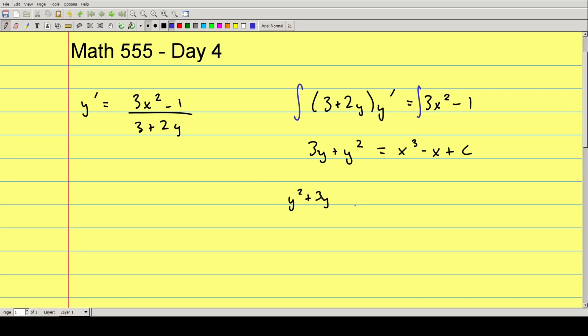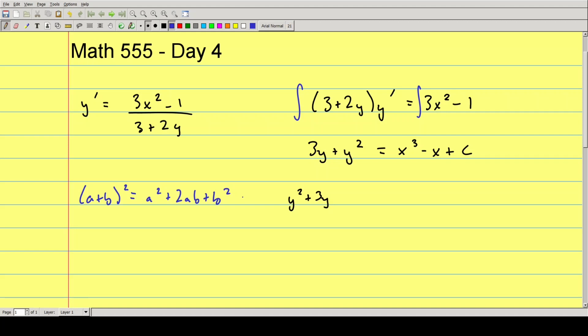The pattern that we're trying to match is a plus b quantity squared equals a squared plus 2ab plus b squared.